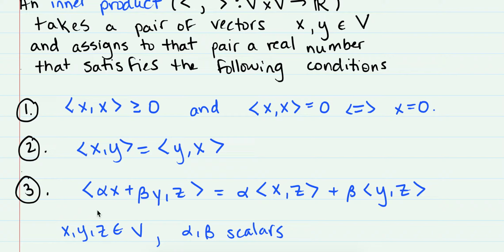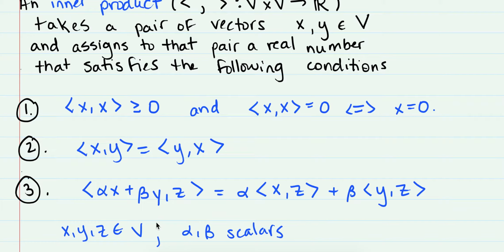So this inner product is linear. You can take this sum of vectors, it becomes a sum of real numbers, and this real number and this real number can come outside of your inner product.